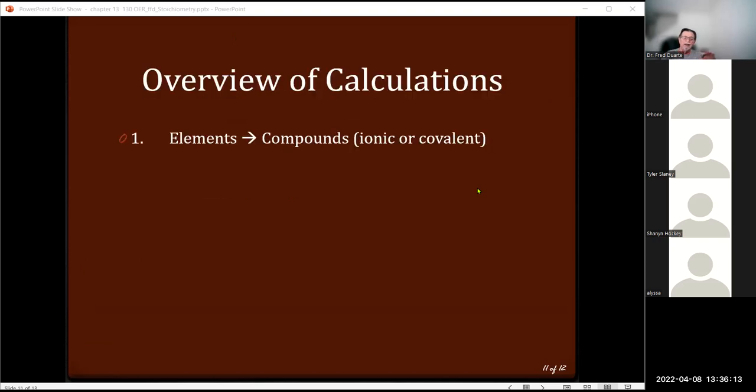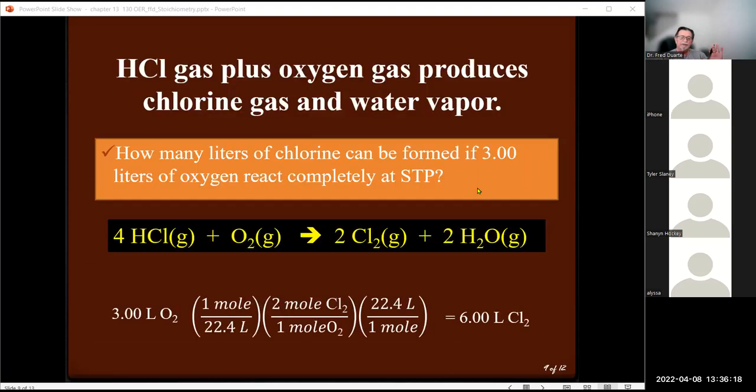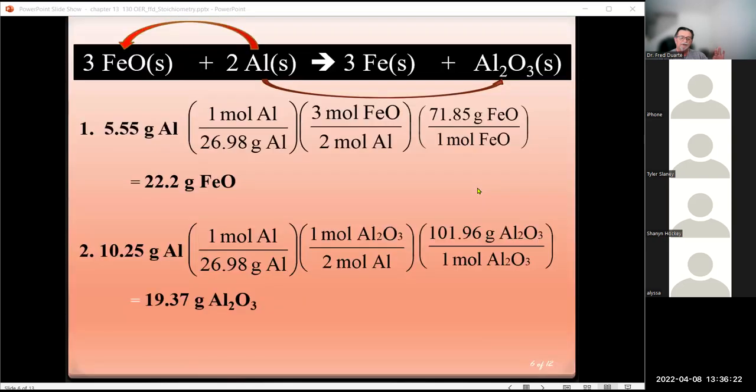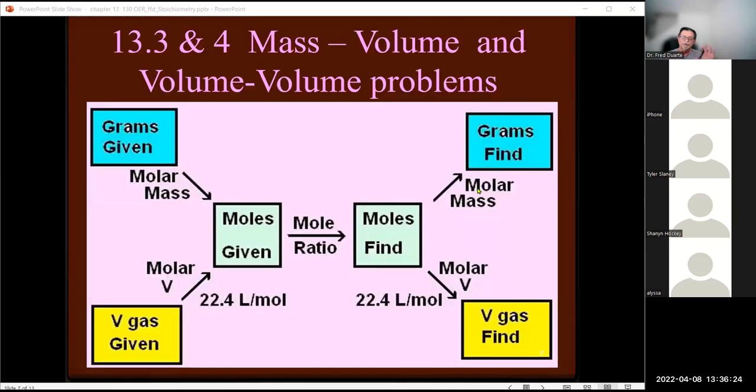All right, so overview of calculations. The biggest thing here is this flow chart. This flow chart is critical in these calculations to help you get from point A to point B. I would use this to help you out.